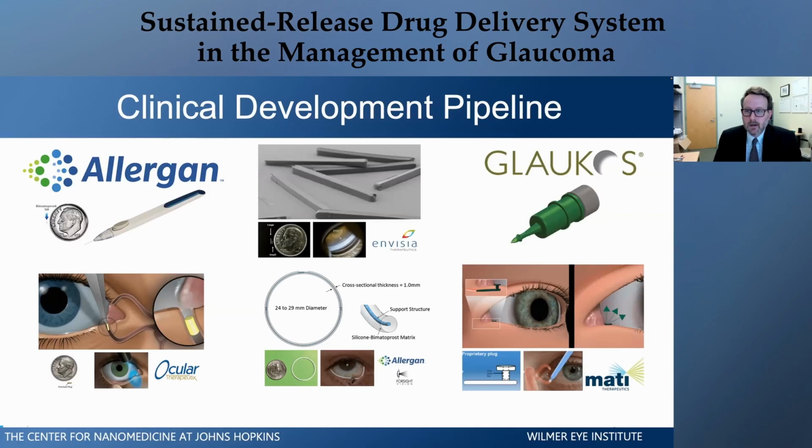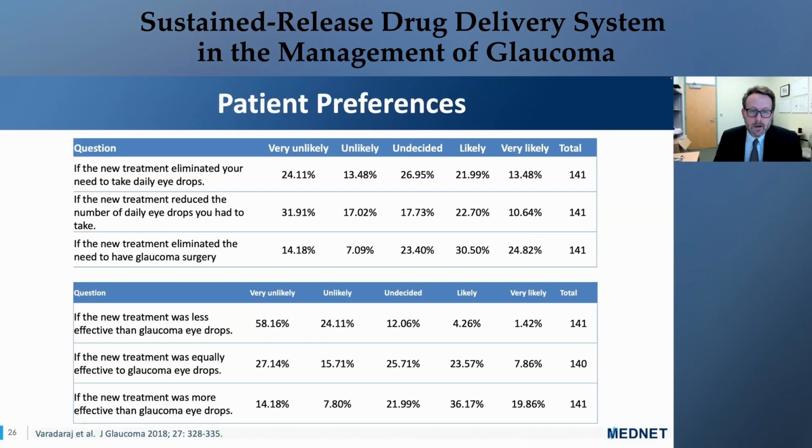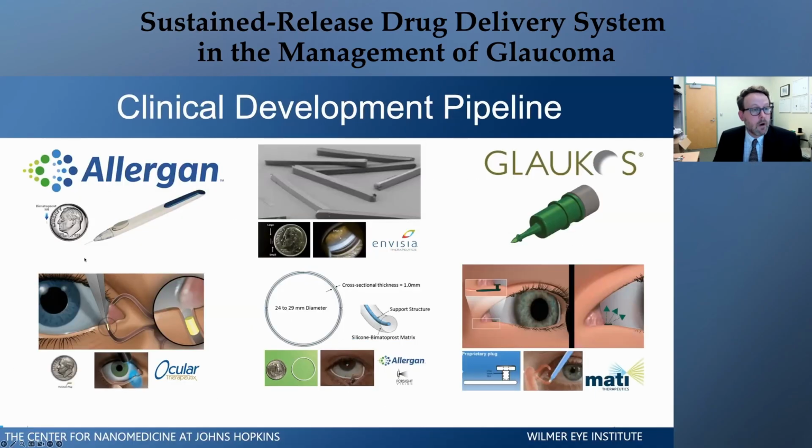It's by no means a complete list of the different approaches being taken, but they run the gamut from small implants that are injected into the intracameral space, implants placed within the trabecular meshwork, and implants placed within the canalicular system or within the fornices. Other approaches being taken are contact lenses as well, and intravitreal injections have been attempted as well.